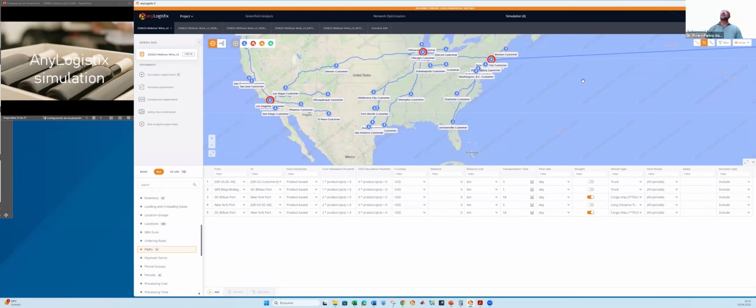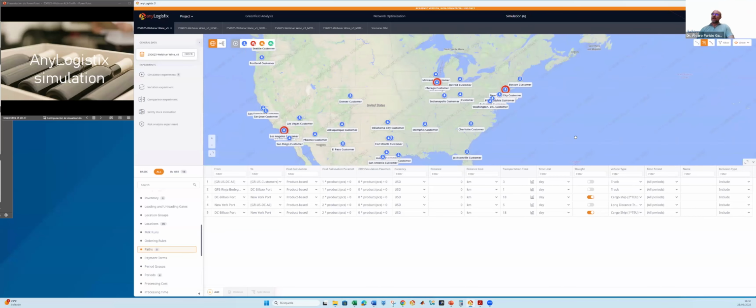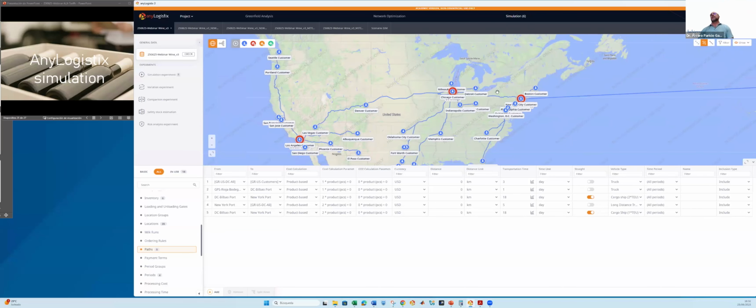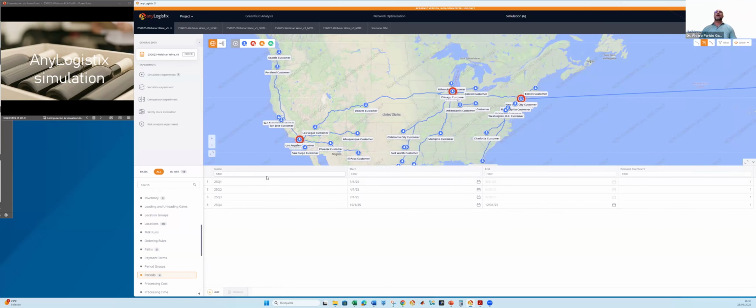All the blue lines that we have here require a path connection, connecting them just to move all the goods.